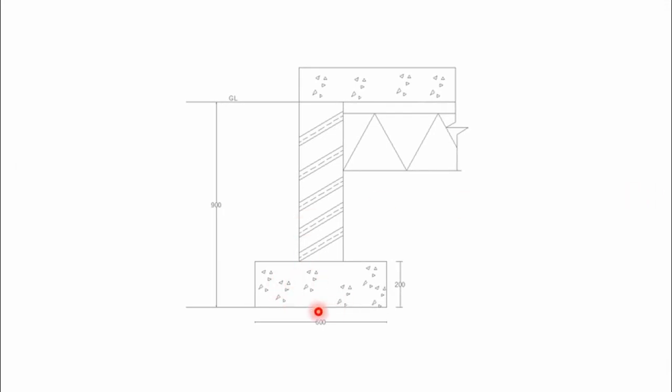And hatching is also a very important part of this drawing. This hatching here shows concrete, and this one here shows the stone wall. This one here shows the hardcore, and there is missing hatching for the blinding.